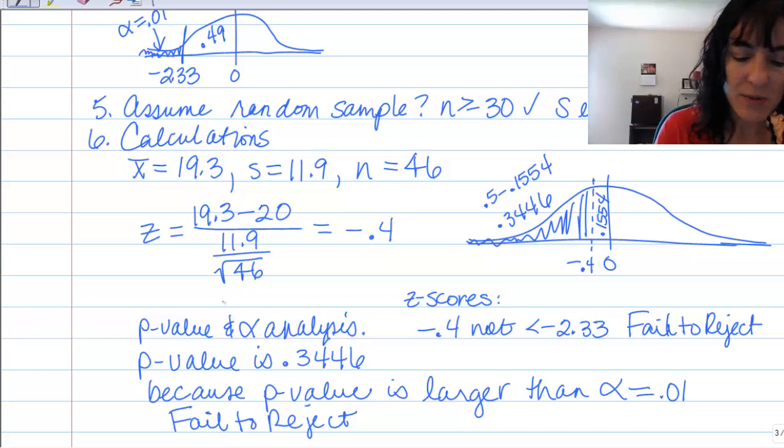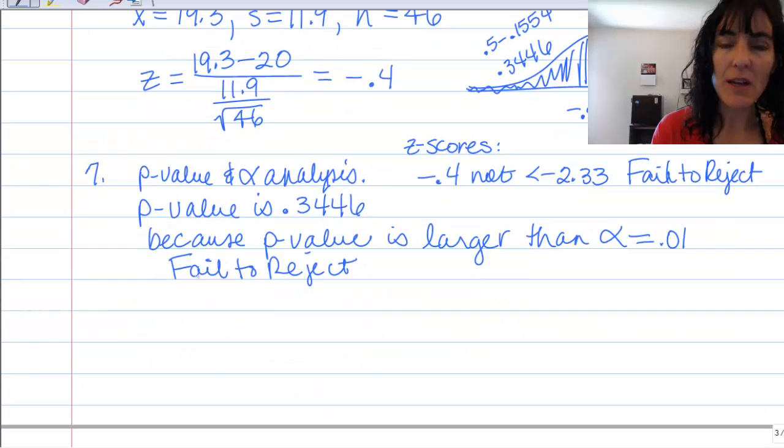Okay, so these are my two conclusions for step 7, and then I would want to write these very nicely.